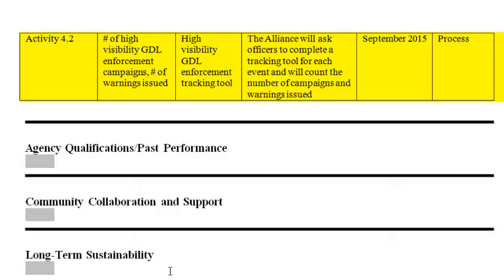We are going to collect this information using a high visibility GDL enforcement tracking tool that we just made ourselves. So we'll just give it to the officers to complete once they agree to conduct the campaign, and they will fill out a tool for each event, and this will help us count the number of campaigns as well as the number of warnings issued. We'll tally that all up by September 2015, and this is another example of a process measure.